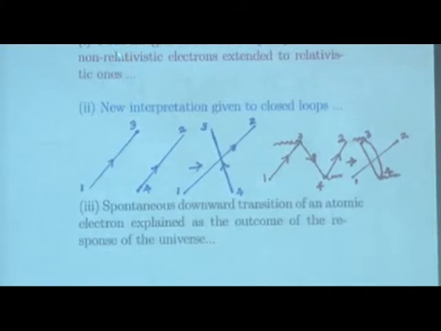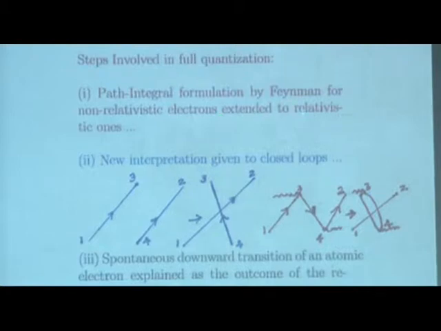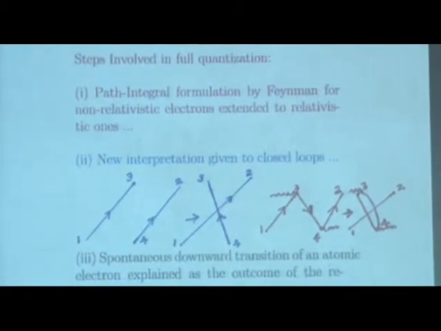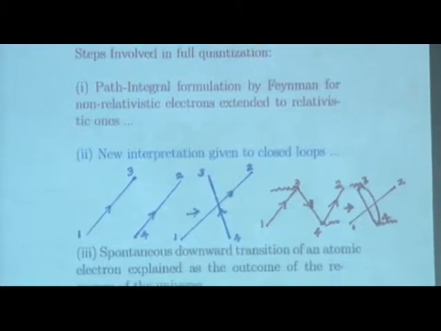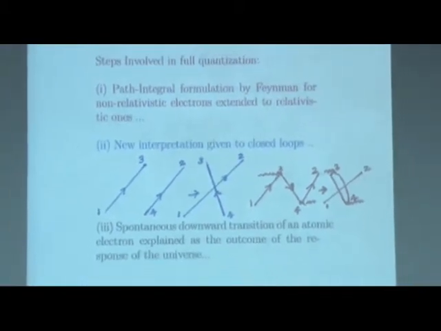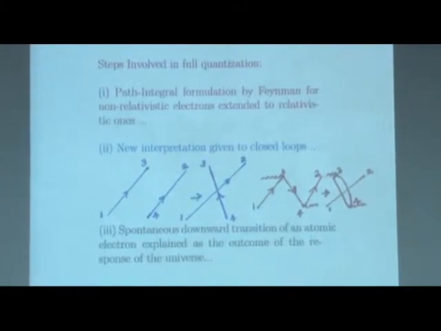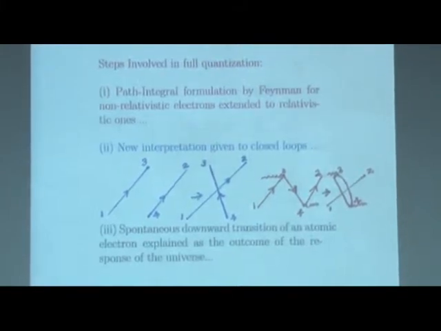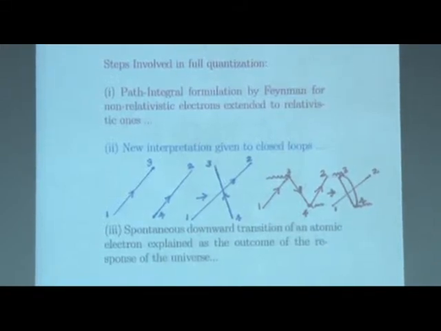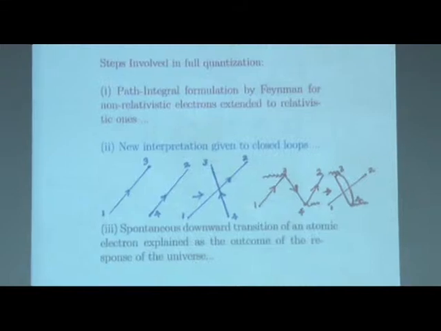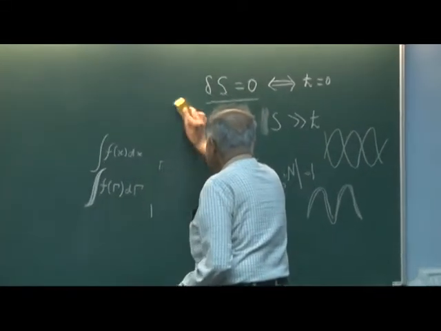So, the path integral formulation by Feynman for non-relativistic electron can be extended to relativistic one. Now, this is also something which you do not find done by Feynman. In Feynman and Hibbs' book, they are mostly non-relativistic, but he gives some hint somewhere for how to do it for relativistic electrons. So, let me just briefly mention what happens.